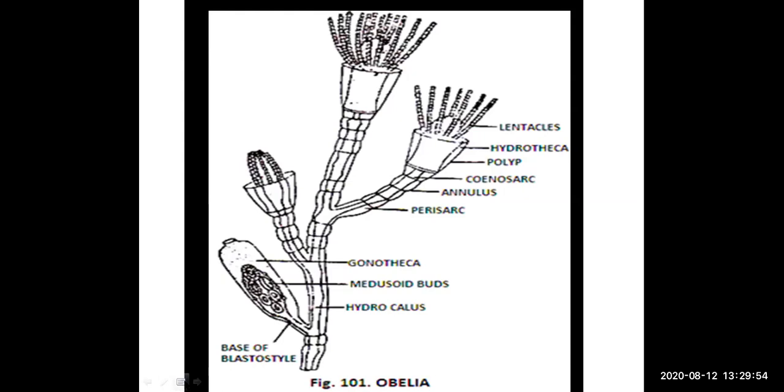When fully developed, the medusa comes out of the gonophore for a free-swimming life and sexual reproduction.